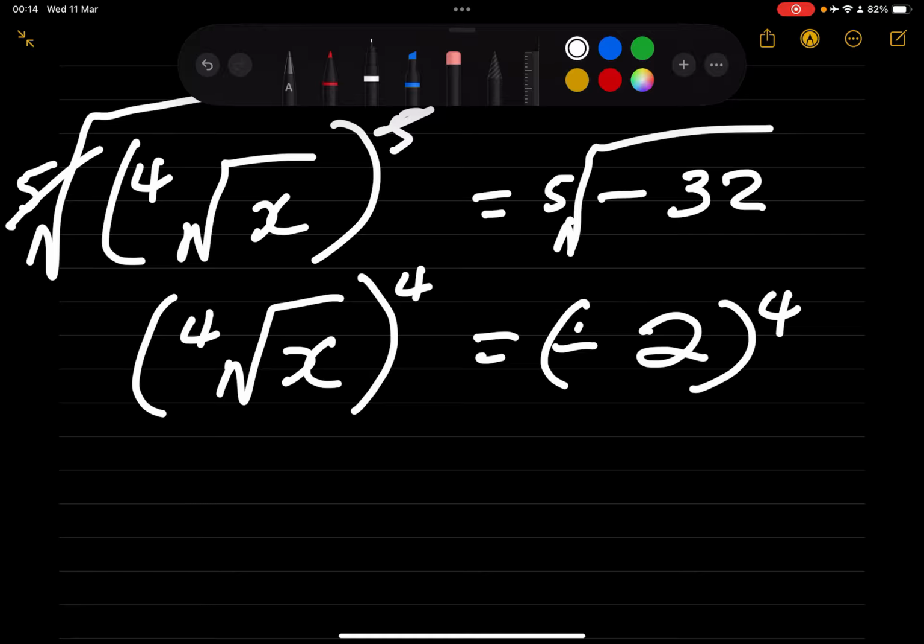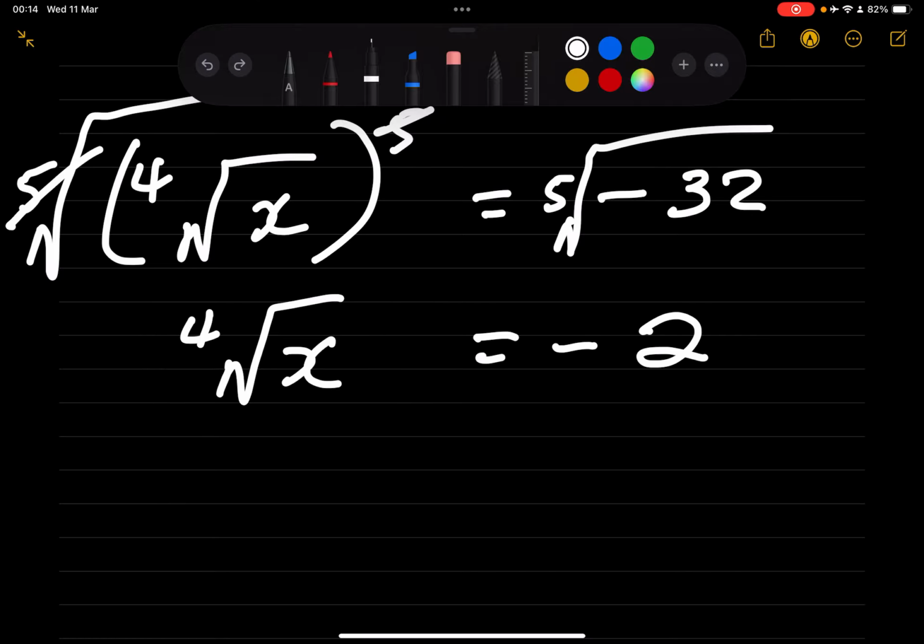But now let's analyze this actually, ladies and gents. I just want to go back here. Can this be true? We have an even root equaling a negative number. Remember, this number here cannot be negative. The principal even root of a real number cannot be negative.